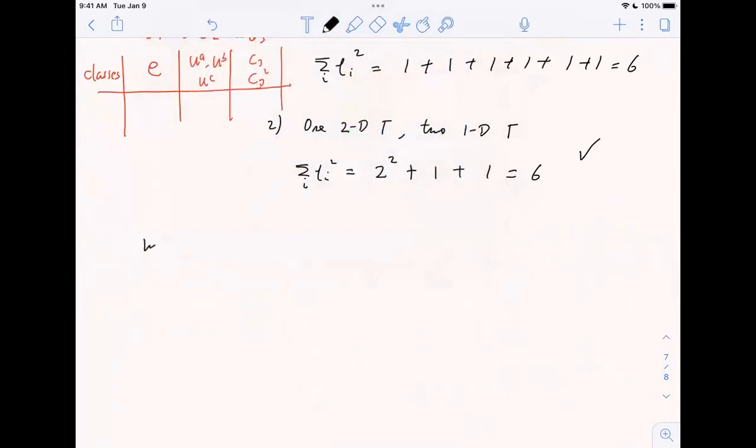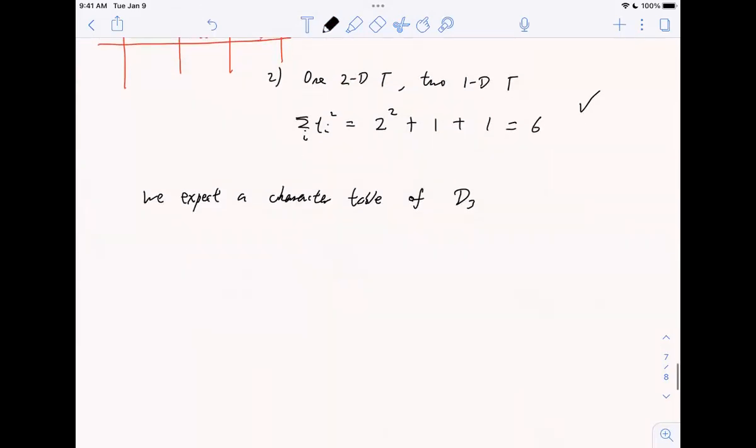We expect a character table like this, of D3. So usually when you draw the character table, you draw it like this, okay?